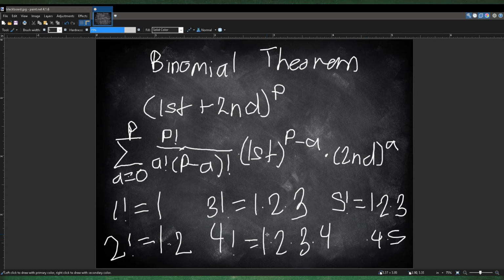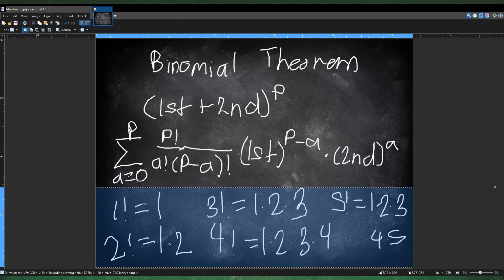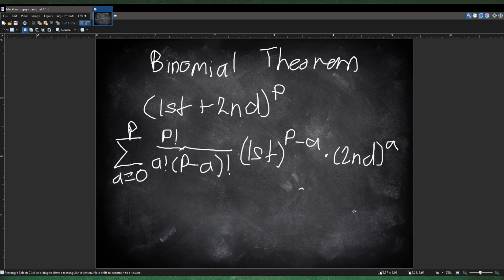So you see how the pattern is going. This is how you're going to use factorials. This is the general form of how we're going to be using it. If you want to take this down as a note now, you could, or you could just go back to the video.